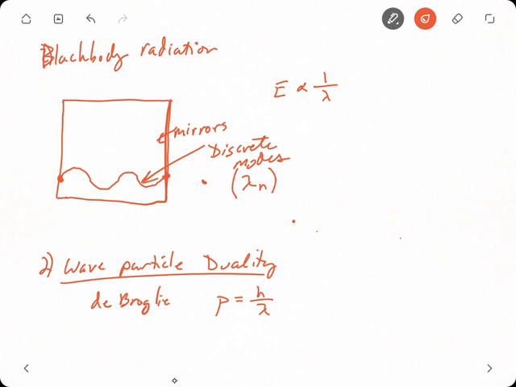And p here is the symbol for momentum. h is Planck's constant. And of course wavelength is the distance between troughs or peaks on a wave.